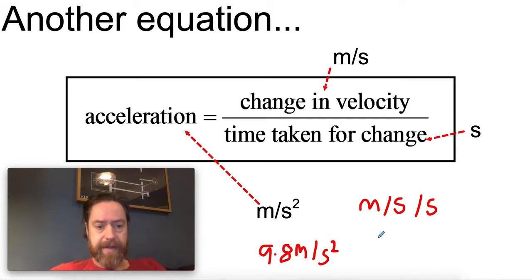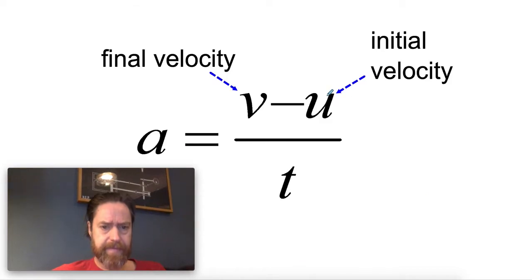Now, I don't normally want to write down this sort of full expression, so there's a shorthand way of doing it. We're going to use a for acceleration, t for time for change. And for the change in velocity, there are 2 ways of doing it, depending on how comfortable you are with maths. I'll show you both. So the equation can become: acceleration equals the change in velocity.